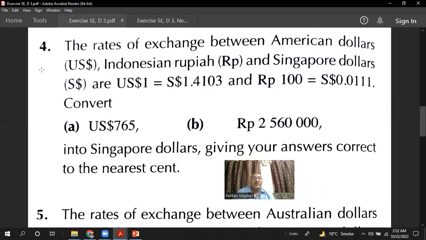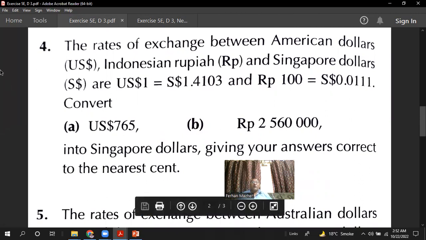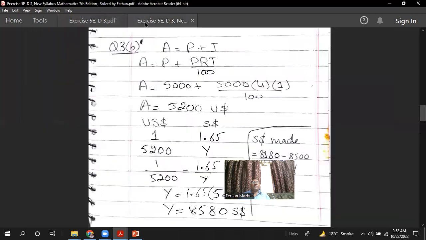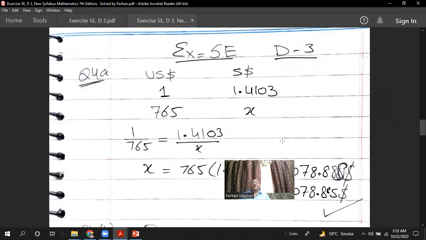Convert 765 US dollars into Singapore dollars, giving your answer correct to the nearest cent. So in question number 4, A part, we have to convert the given US dollars into Singapore dollars. And this is the exchange rate which we are going to use. Very simple, straightforward question.